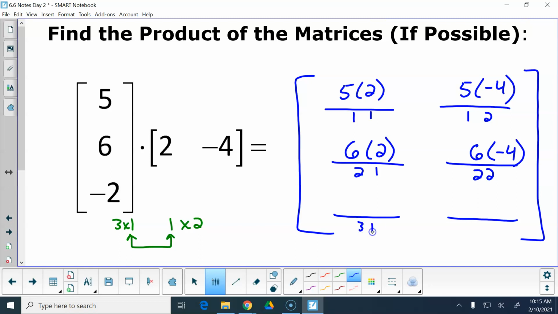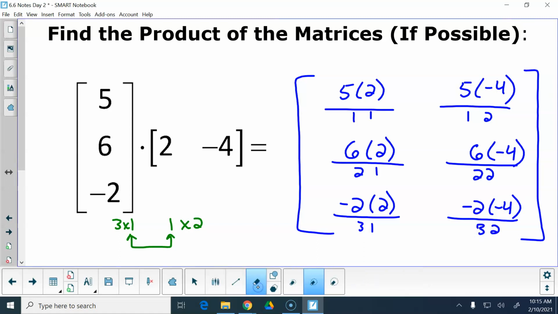Third row, first column, -2 times 2. -2 times -4, because that's third row, second column. Rows by columns.